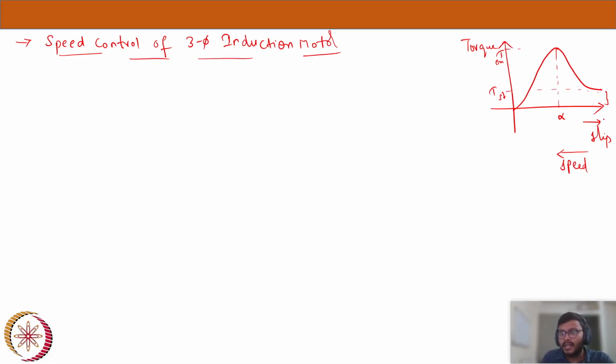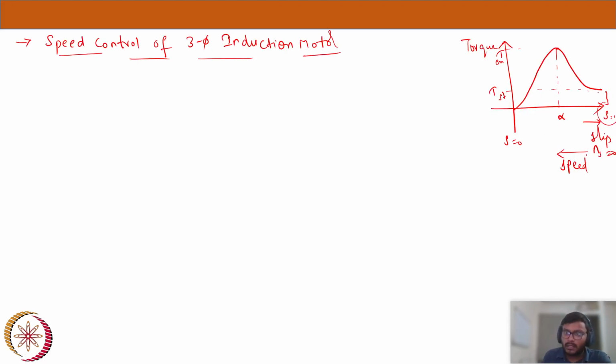See here the slip is increasing. Here s is equal to 0 and here s is equal to 1, and the speed is reducing. Let's say at starting slip is equal to 1 at this section, and so s will be 0 here.